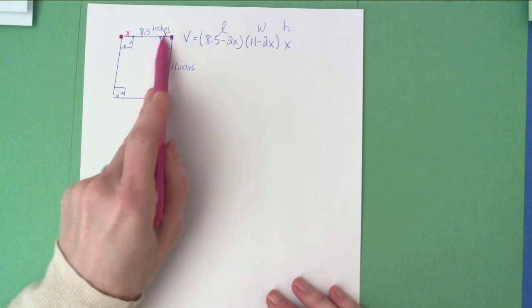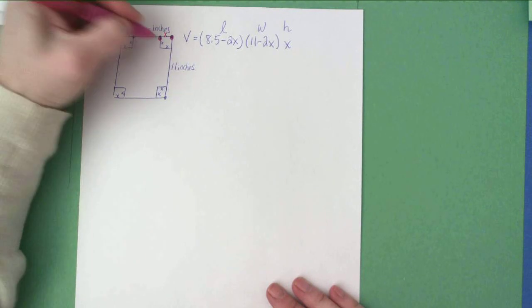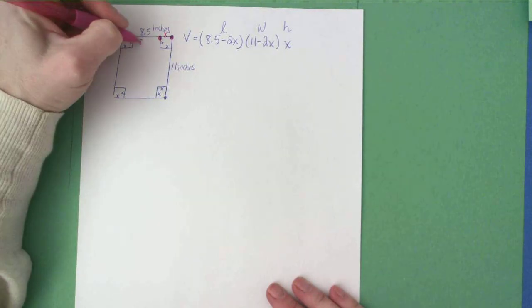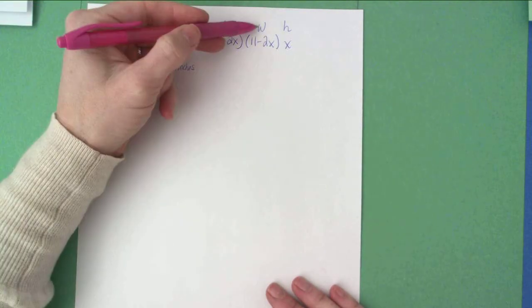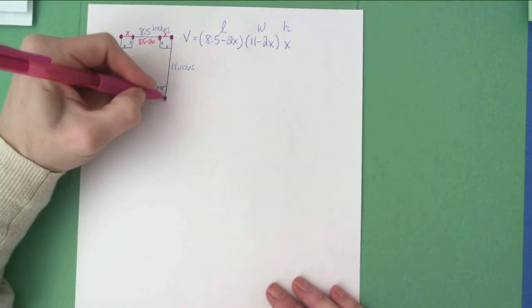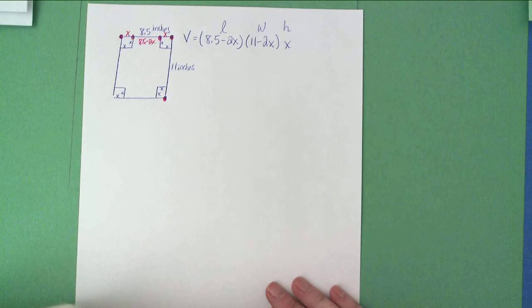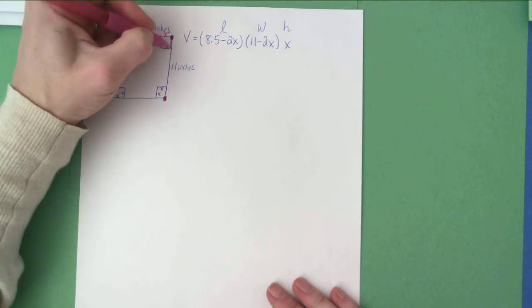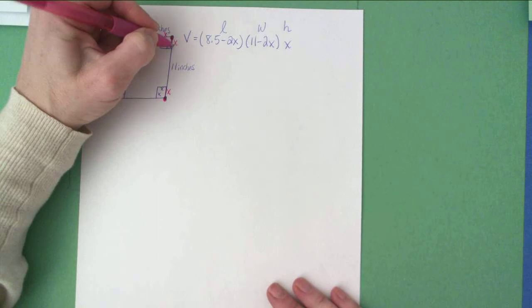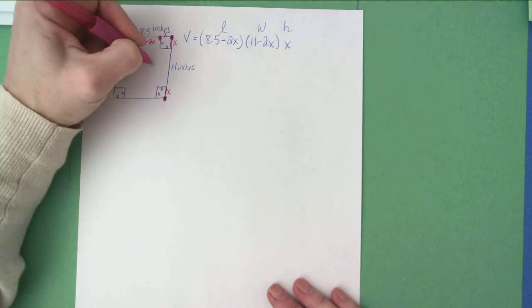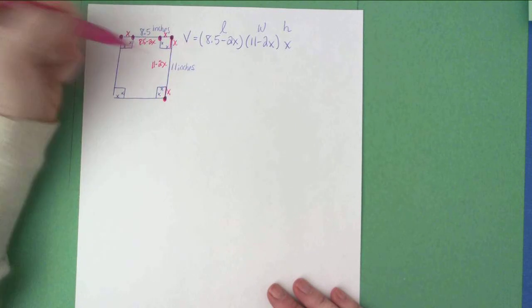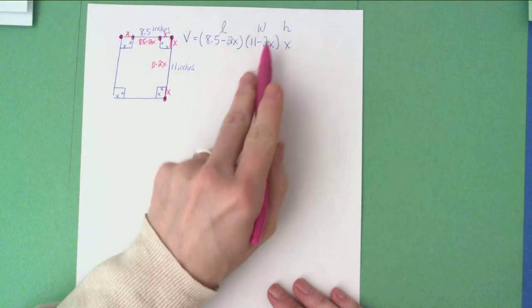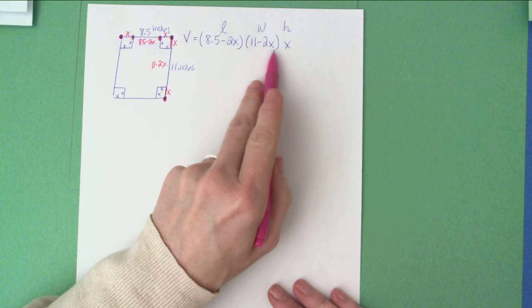So my new length from here to here is 8.5 minus those two X's. My width used to be 11 inches before cutting anything, but then I took X and X off of this side, so what used to be 11 is now 11 less 2X. So my new width is 11 minus 2X.